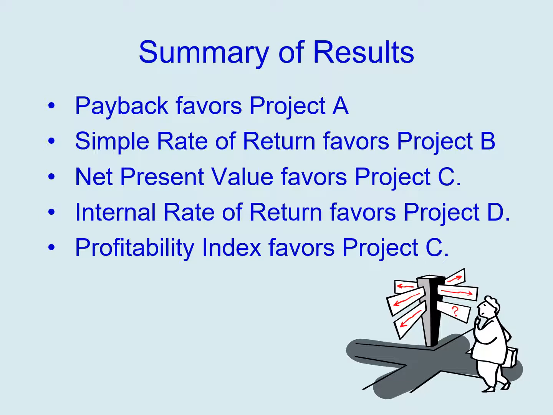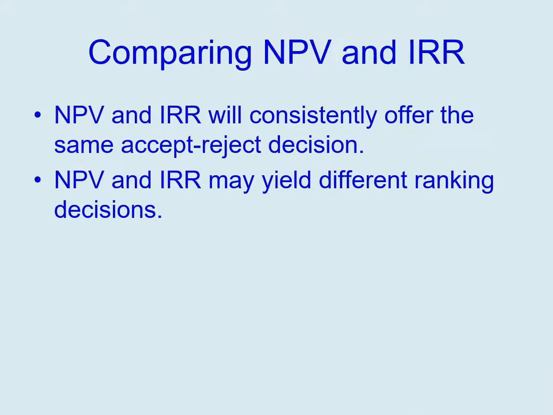And then Profitability Index is also a very good capital budgeting technique to use in conjunction with the net present value. And again, I will talk about that some more when we get into the theory. So with that, I'll conclude part 1.